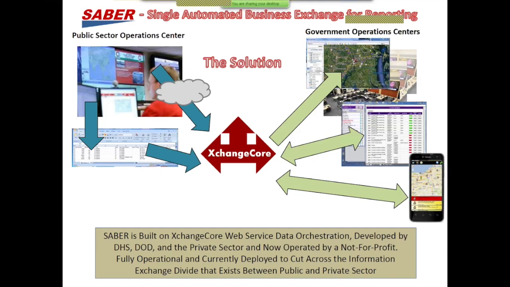XchangeCore is a community effort now, has graduated from the Department of Homeland Security, is operated by a not-for-profit, currently fully operational and deployed across the country to do exactly what Jim Williams told you was necessary, and that was to be able to bring the information from one side, the private sector, and share it out to the public sector.